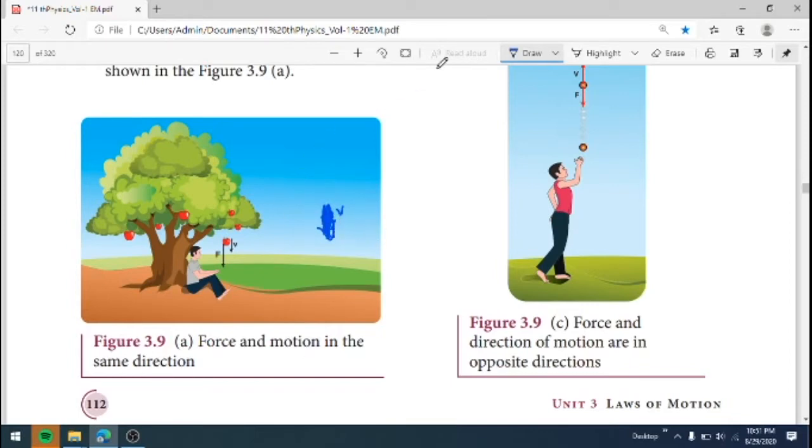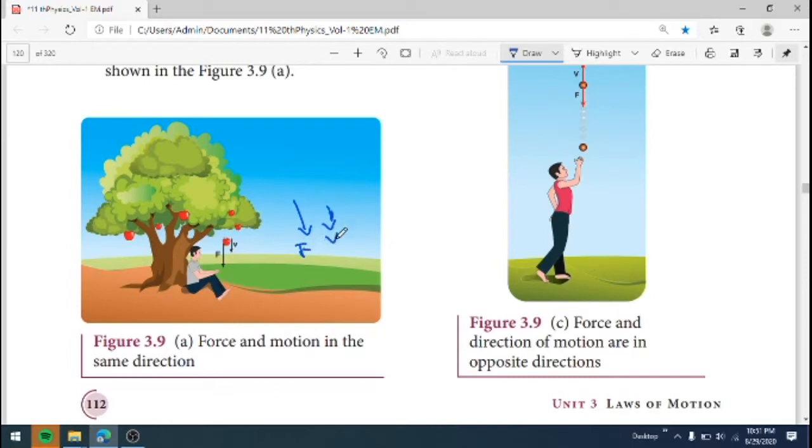Yes, it is the downward direction of the motion of the apple. And when you take the direction of the force, it is also downward. It is due to the gravitational force.